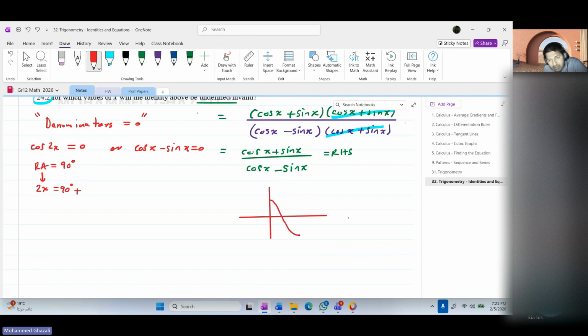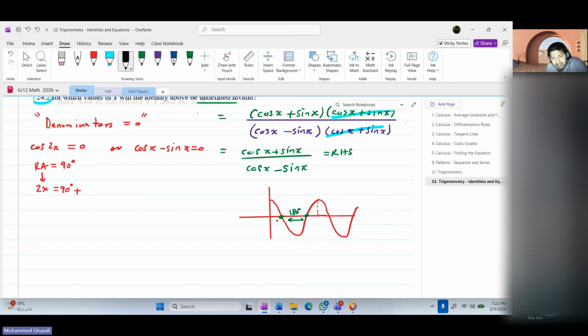Cos is 0, it starts at 90 degrees, right? And every what interval? Every 180 degree interval, you'll get the cos hitting the x-axis at 0. Sorry, the distance between them is 180.